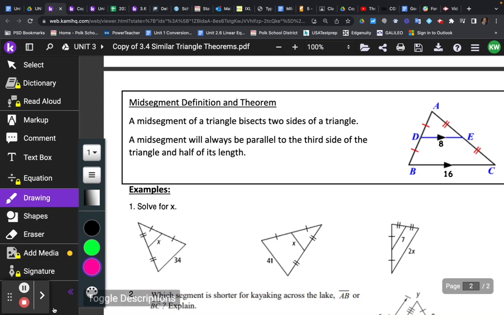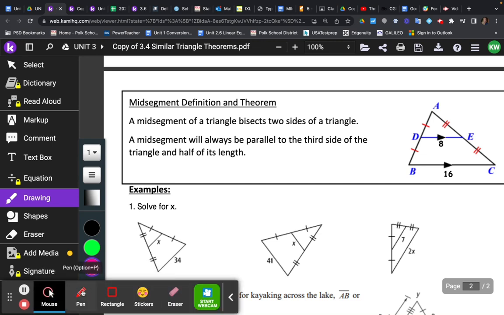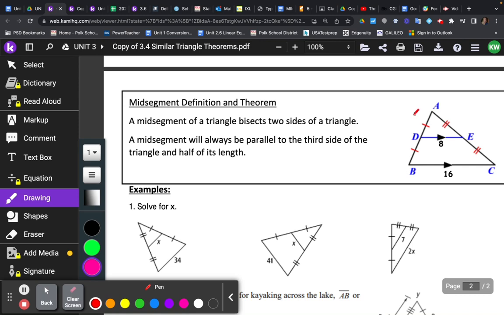I want you to pay close attention to the tick marks that you see over here. Notice that DA and DB have the same tick mark, right? Great.